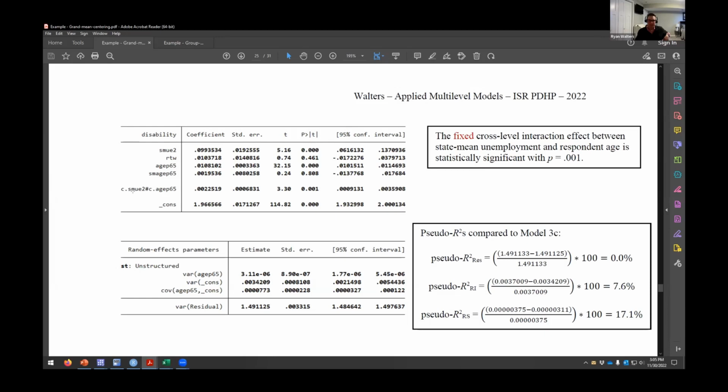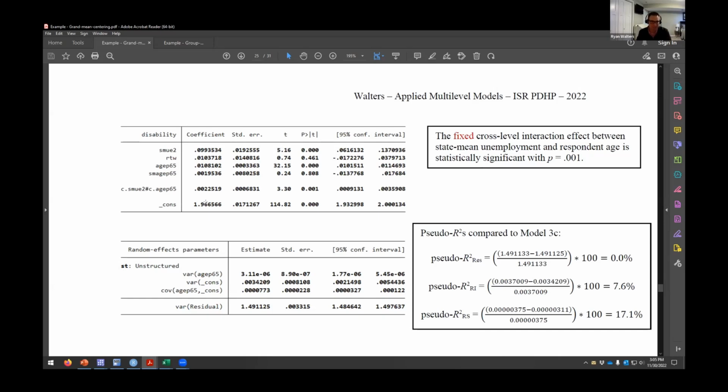It also tells us how the state unemployment effect is moderated for respondents of older age. It's statistically significant.